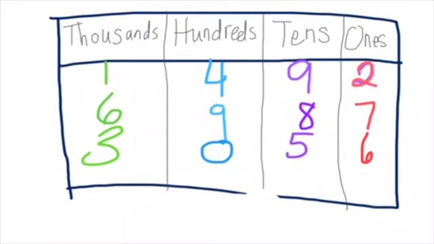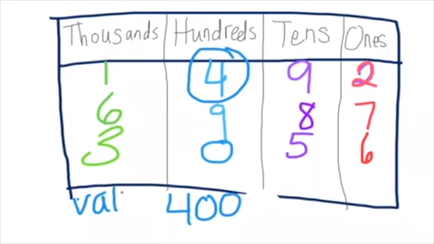And when I ask myself, what's in the hundreds place? Well, there is a 4 in the hundreds place right here in the number 1,492. But what's the value of that 4? Is it really a 4? Since it's in the hundreds place, the value of that number is really 400, right?